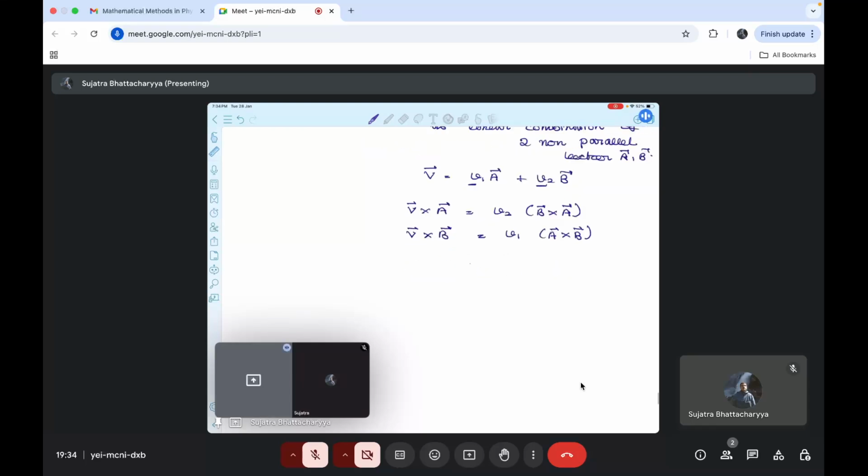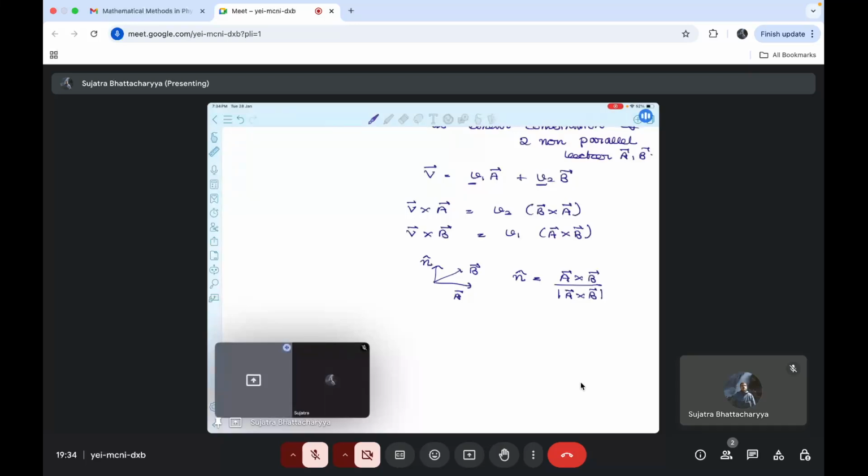Now the interesting thing is that if you have two vectors, say a and b, in the same plane, I can define a unit normal vector n hat as a cross b, the actual vector, divided by its magnitude.